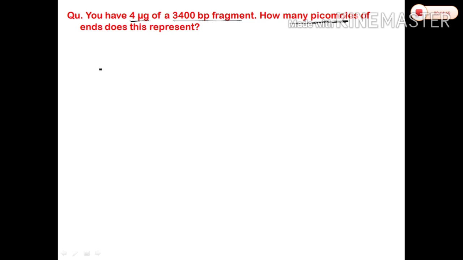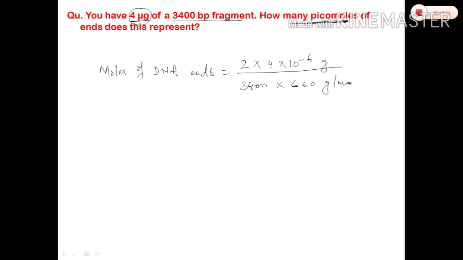This is very simple. Moles of DNA ends will be 2 into weight. Weight is given, we are having 4 microgram of DNA, so 4 into 10 raised to the power minus 6 gram, divided by the molecular weight. The molecular weight we can calculate from the base pairs: 3400 base pair multiplied by 660, right? 660 Dalton is the molecular weight of one base pair.